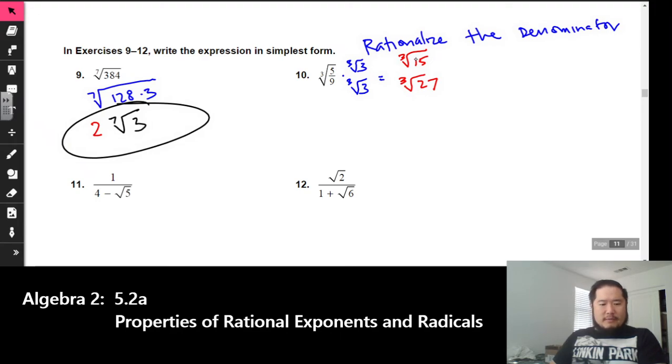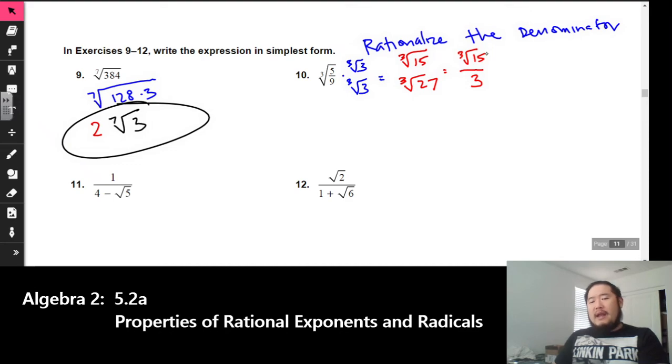It becomes a nice number. The cube root of 27 right here ends up being 3. And then we have ourselves the cube root of 15 up at the top. And then there you go. This ends up working out quite nice.